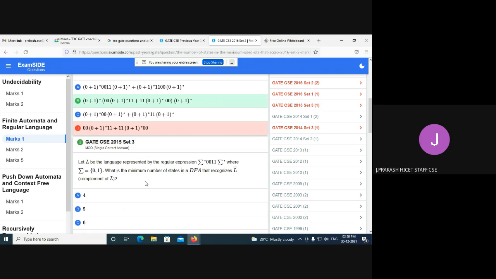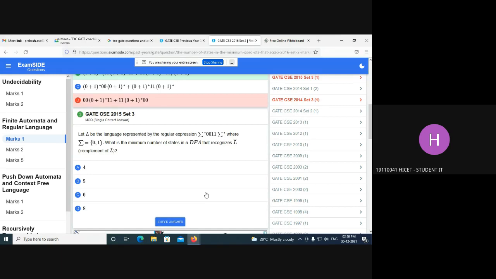Then what is the next one? Let L be a language representing the regular expression (0+1)* 00 1 (0+1)*. What is the minimum number of DFA states?